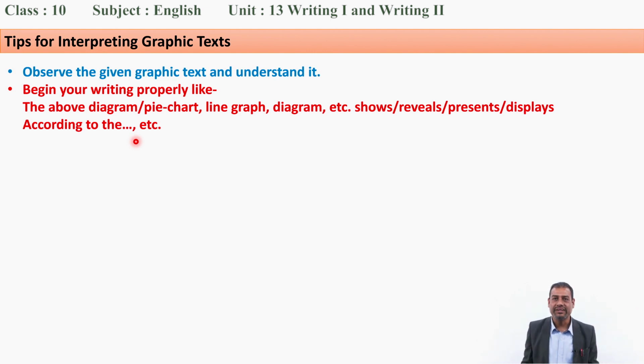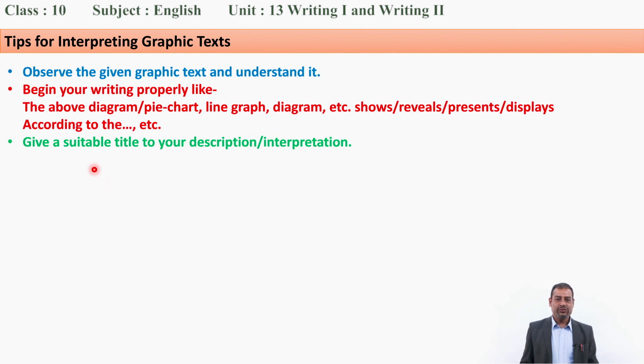This is how you can begin your interpretation. Any suitable beginning should be there. Okay, these are some examples for you. Then give a suitable title to your description or interpretation. You are suggested to give it before starting your interpretation. If you give a suitable title, that will be better.